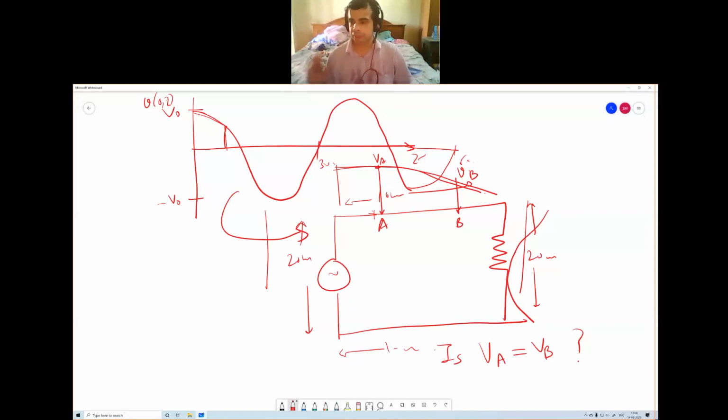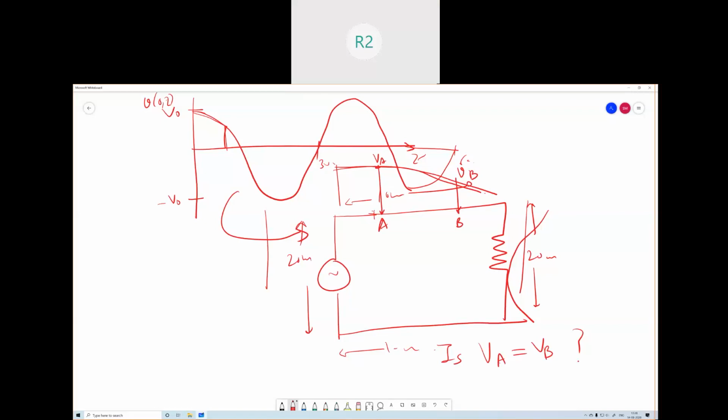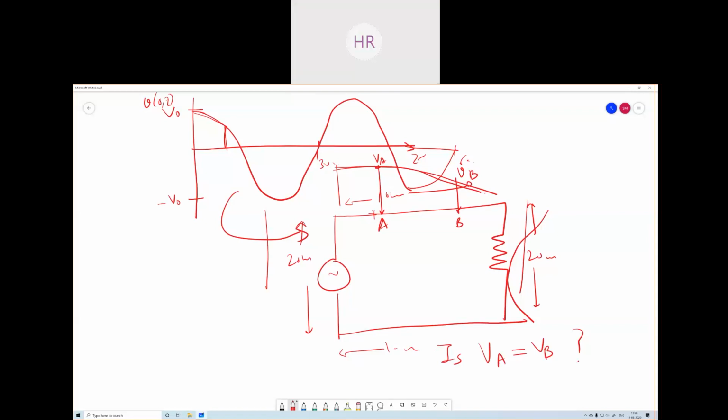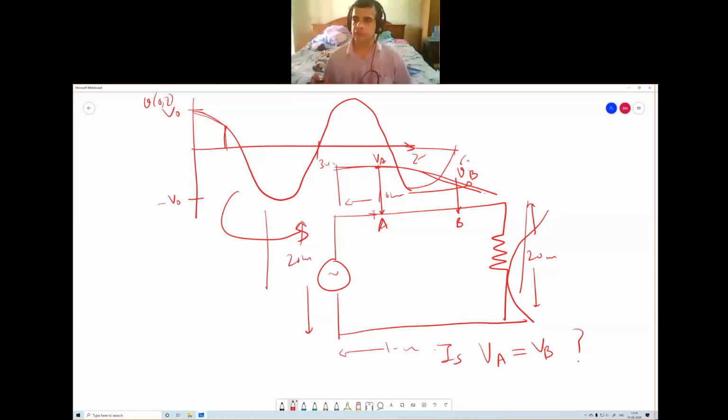So, KVL and KCL can be applied safely in circuits only where the wavelength is much larger compared to the circuit dimensions.